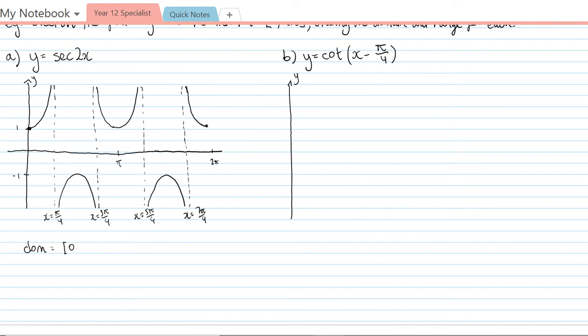Perhaps I could say 0 to 2 pi, excluding odd multiples of pi on 4. I'm going to make that 2n plus 1 pi on 4. No, I can't really say that, because that would only mean a couple of those values of n. So I'm just going to say excluding pi on 4, 3 pi on 4, 5 pi on 4, and 7 pi on 4.